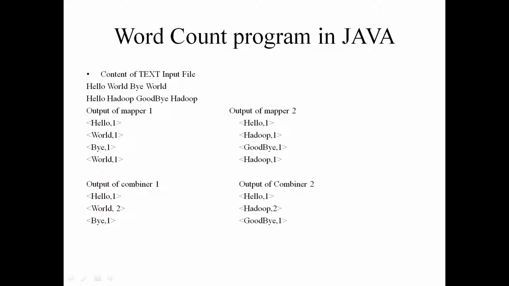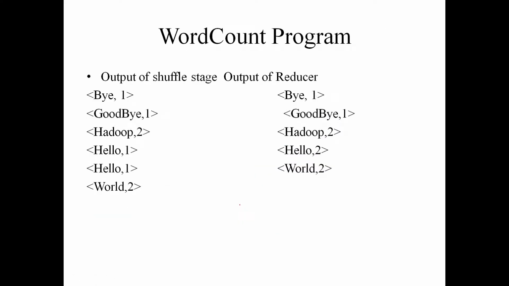So it will combine that into one, that is world comma 2, because this reduces some work of the reducer. Similarly, in the other output Hadoop has occurred twice, Hadoop comma 1, so instead of giving it to the reducer as is, it will combine it into Hadoop comma 2.